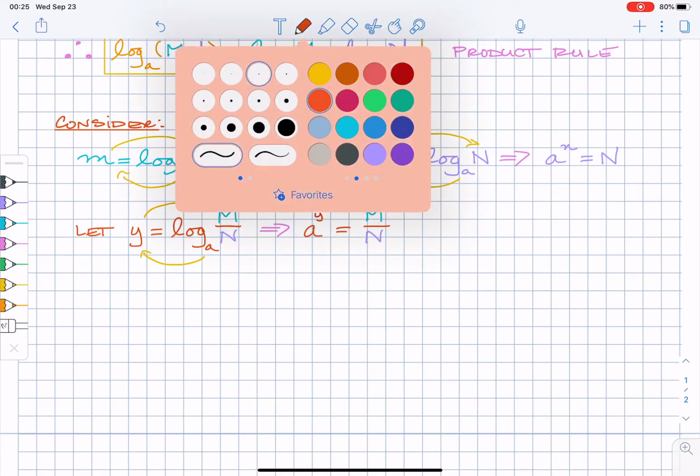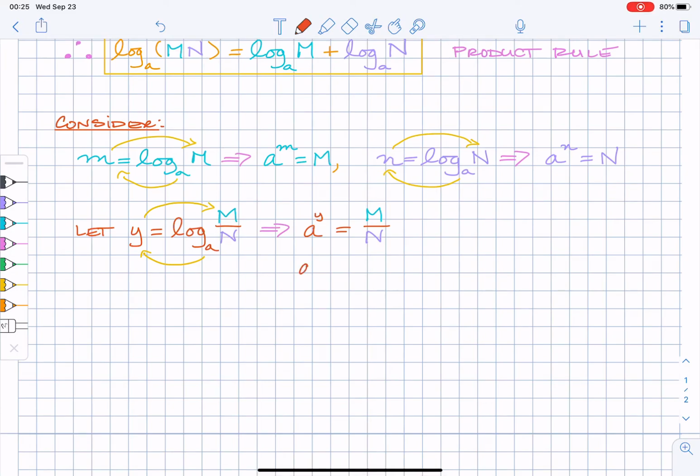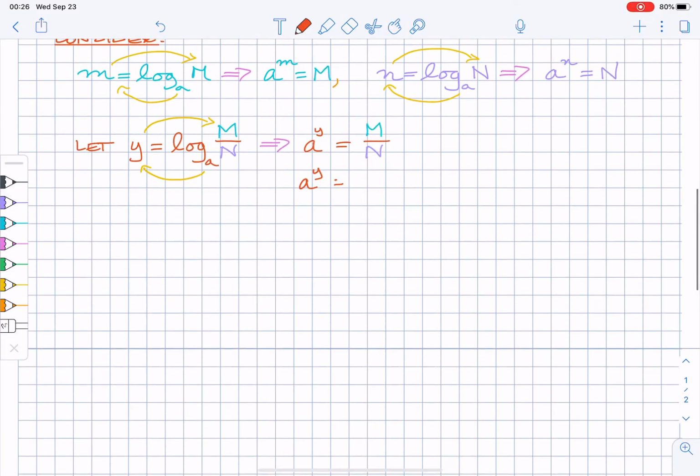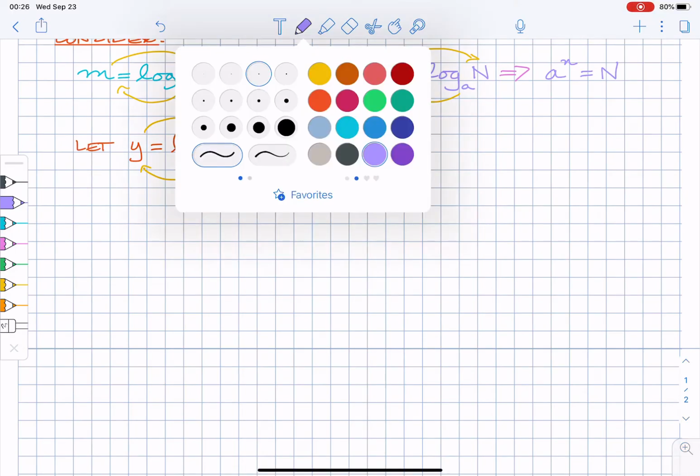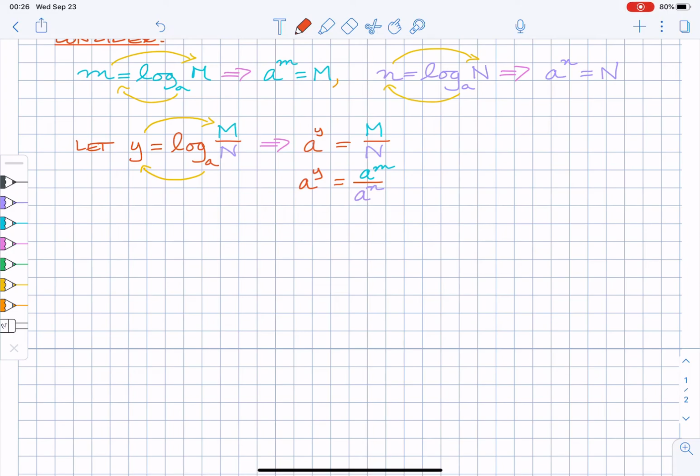Okay, so what do we have? We know that a to the y can really be written as, what is capital M? Well, we've defined capital M to be base A raised to the little m, and we've defined capital N to be base A raised to the little n. Okay, so what do we get here?